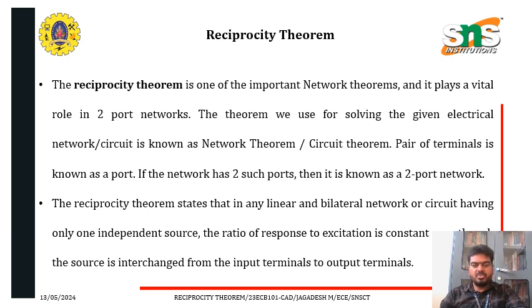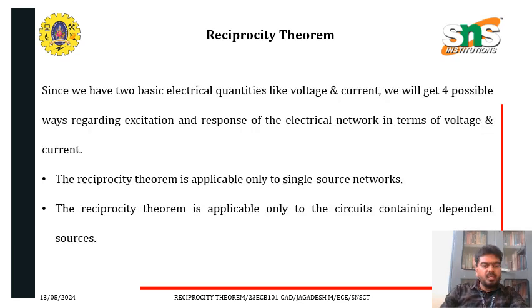The reciprocity theorem states that in any linear and bilateral network or circuit having only one independent source, the ratio of response to the excitation is constant even though the source is interchanged from the input terminal to output terminal. Since we have two basic electrical quantities like voltage and current, we will get four possible ways regarding excitation and response to the electrical network in terms of voltage and current.